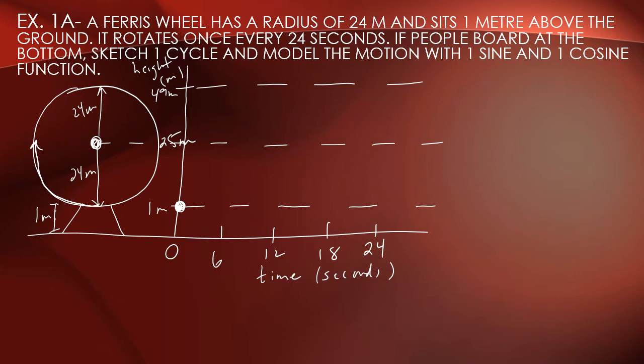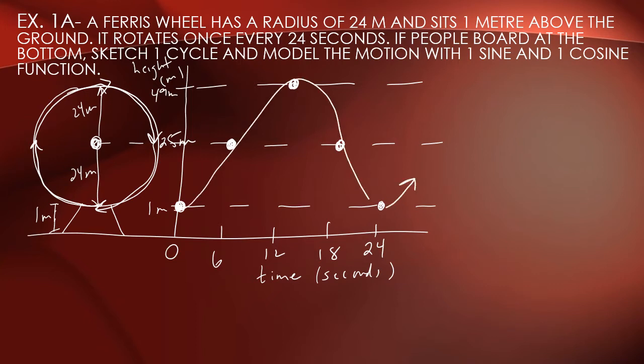We hit the middle mark after 6 seconds right there. Then we go around. We hit the top halfway, 12 seconds. Then we start our descent back to the middle, 18 seconds. Then we come full circle, back to where we started, 24 seconds. And we can now draw a smooth curve.